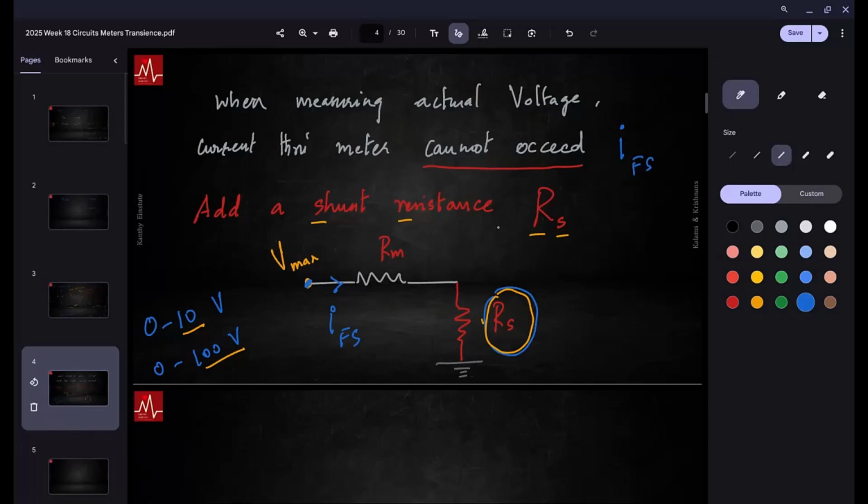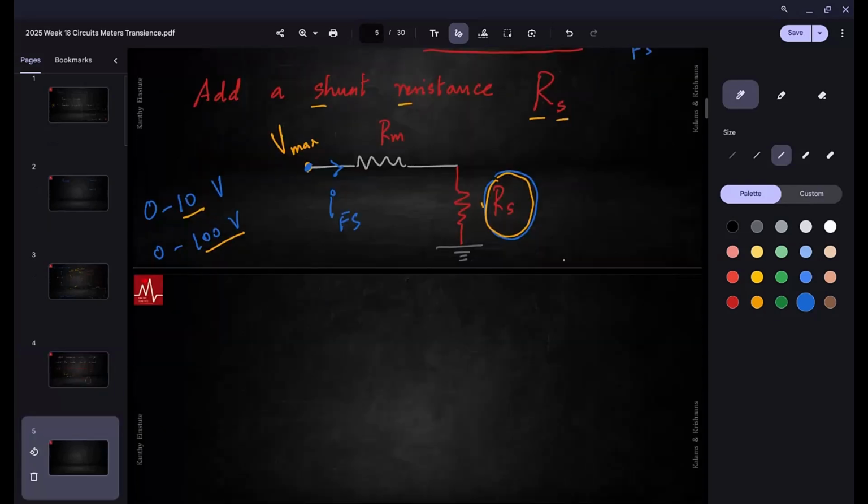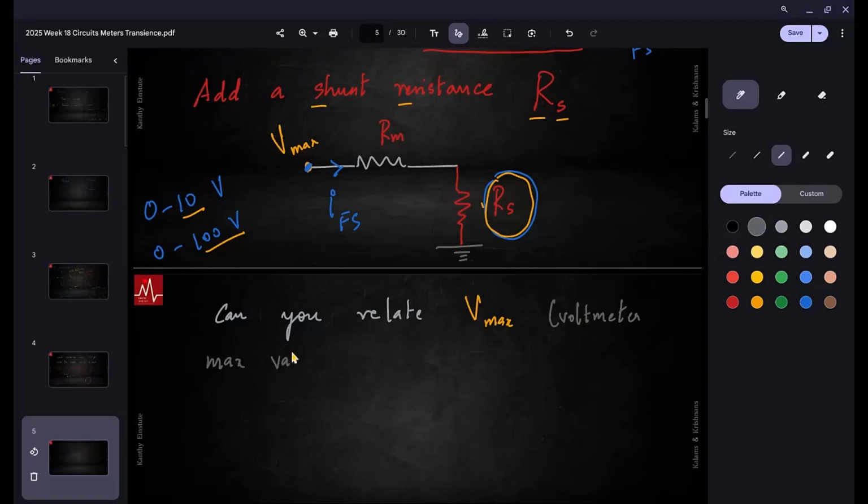Now, quickly, what is the relation between the variables here? Can you relate? Vmax is the voltmeter range. Can you relate Vmax, IFS, and then Rm and Rs?